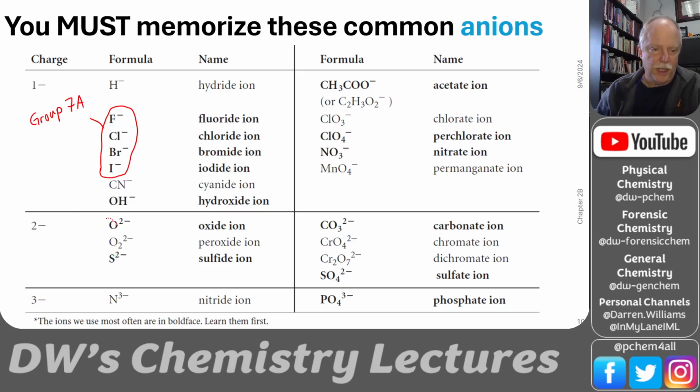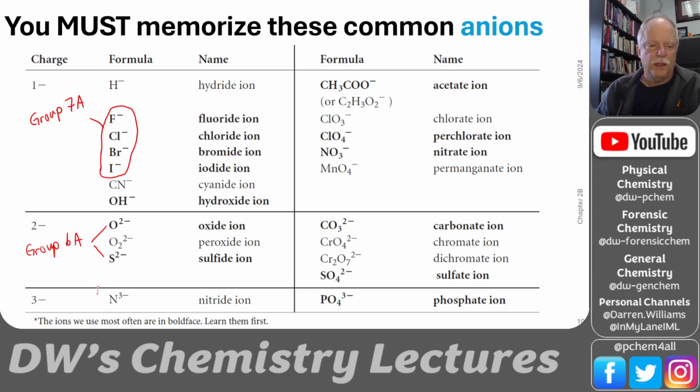Then group 6A, oxygen and sulfur, they form these 2- ions. And this is a polyatomic anion called the peroxide ion. You've heard of hydrogen peroxide. If we put 2 hydrogens on here, we make hydrogen peroxide. Okay. And then the nitride ion is down here, the N3-.